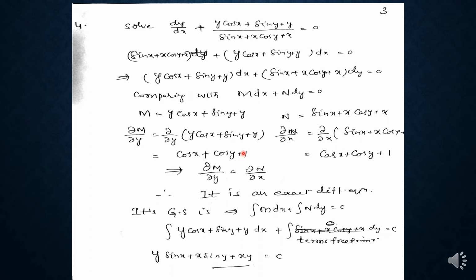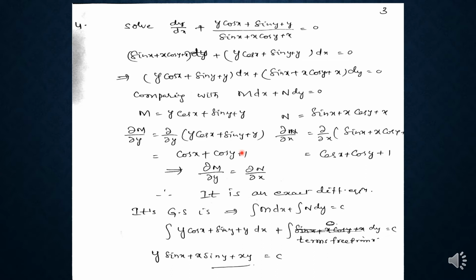Here integral M dx means integral of 5x⁴ plus 3x²y² minus 2xy³ dx, plus integral, while taking N only the terms free from x, there is only one term, that is 5y⁴ dy, is equal to c.